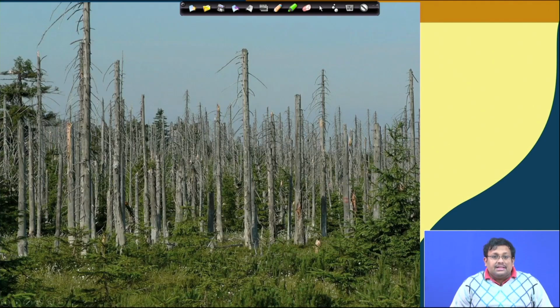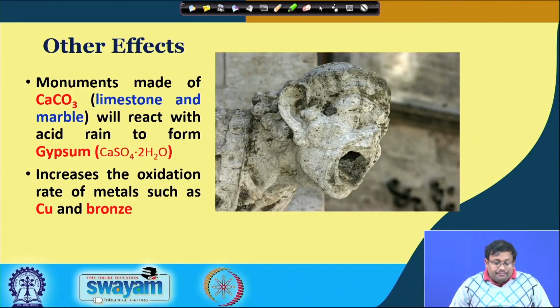As you can see here, this shows a forest area impacted by acid rain, and the deleterious effect is clearly visible. So we should be very careful in industrial operations, as well as other anthropogenic influences, to control the release of these gases, because that will impact forest ecology. Now, what are the other effects of acid rain?